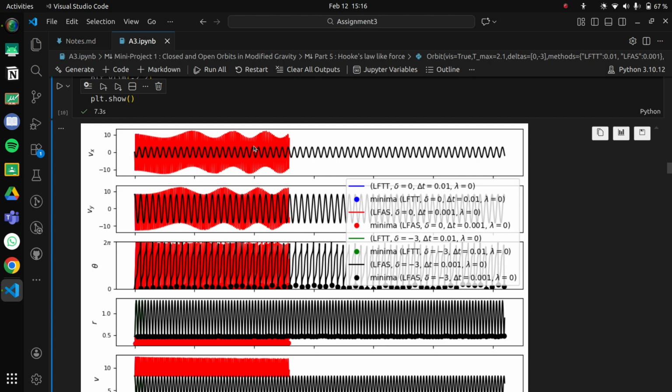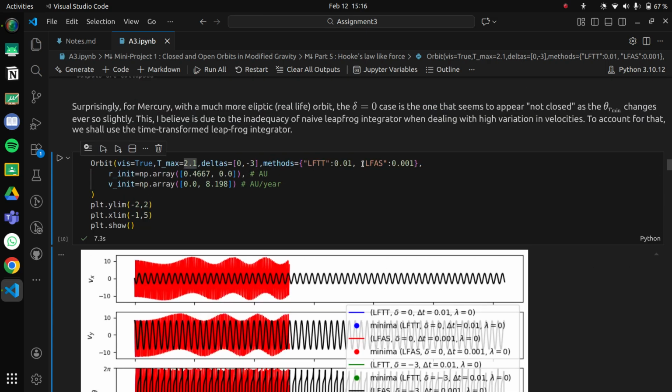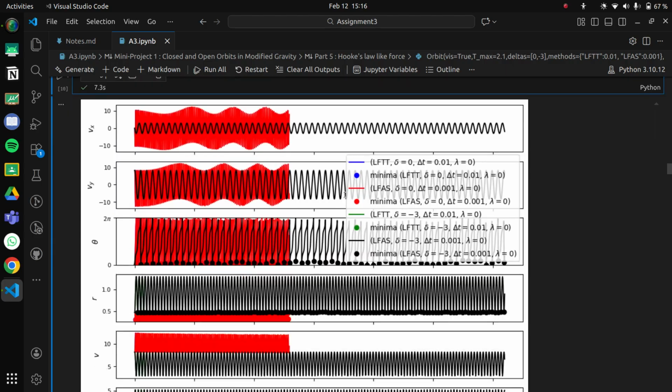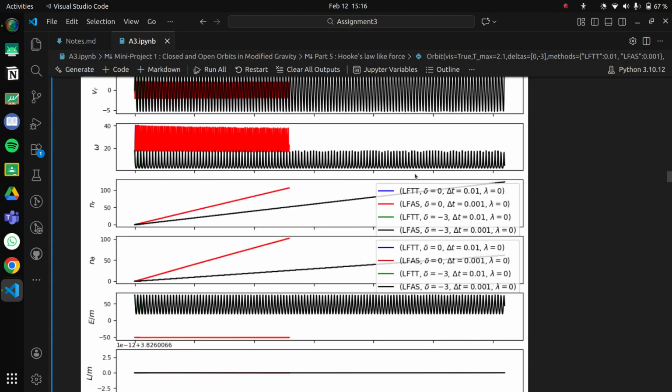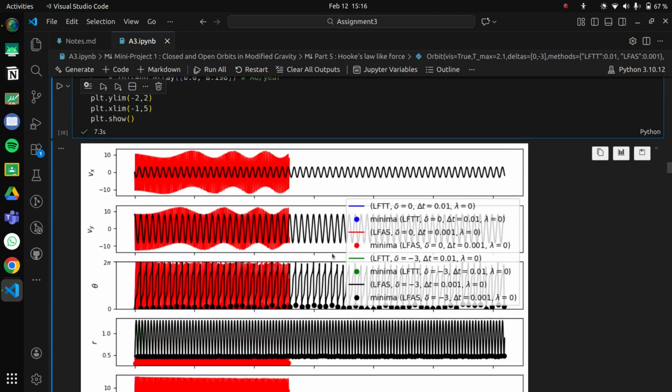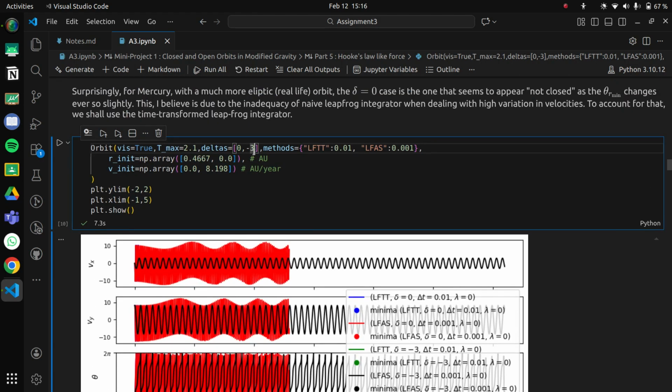Is 0.001 too bad a time step or something like that? It isn't going anywhere near the LFTT, which is a problem. Also, so I don't get it. Why is it having so many of these? The time transform thing shouldn't have such a problem, right? Okay, let's just actually make it even simpler. Let's just have 0 because it's going really weird.